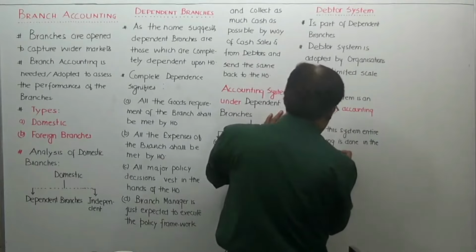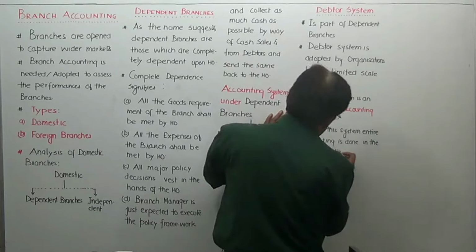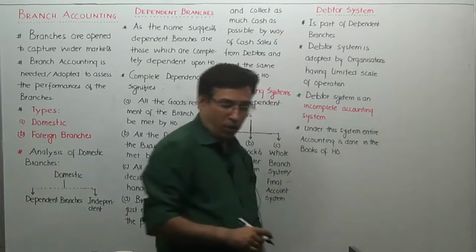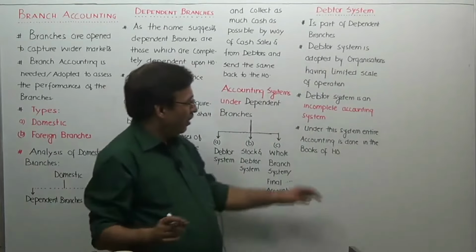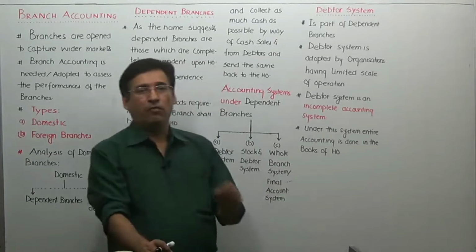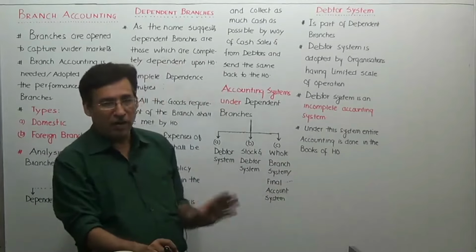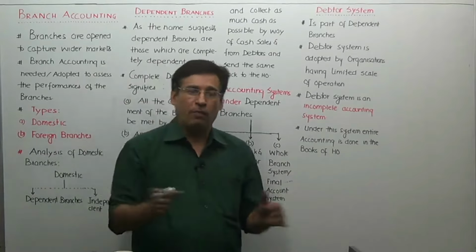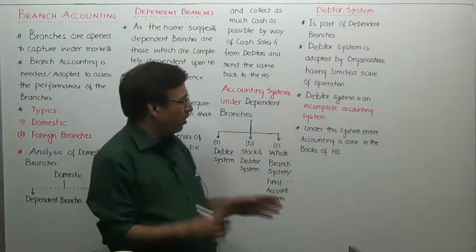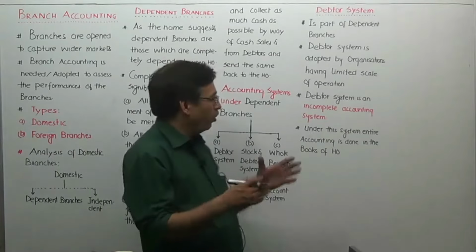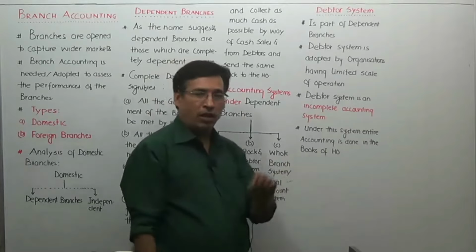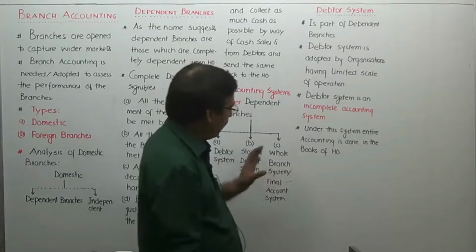Now that is yet another important characteristic: under this system, entire accounting will be done in the books of head office. That means the branch is not required to maintain any books. So the branch will not do any accounting. Head office will do the accounting on behalf of the branch.